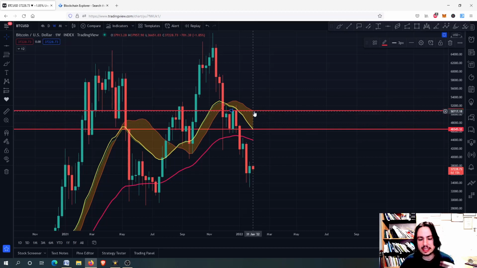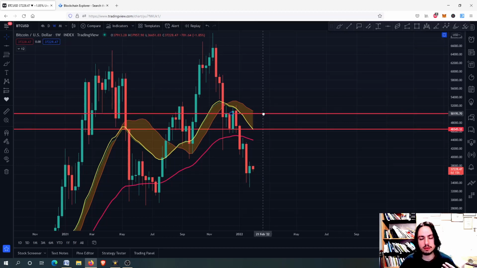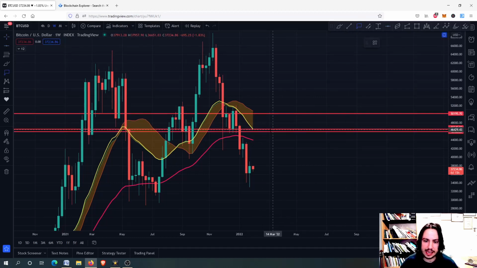We will see if we are going to go to the 50K, 49 to 50K, but the first thing we have to look at is this line right here. This line might go a little bit further down into the 45K and so on. Okay, so my first line is at the 46K.